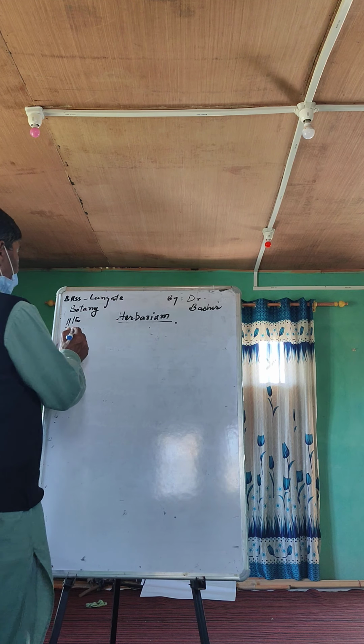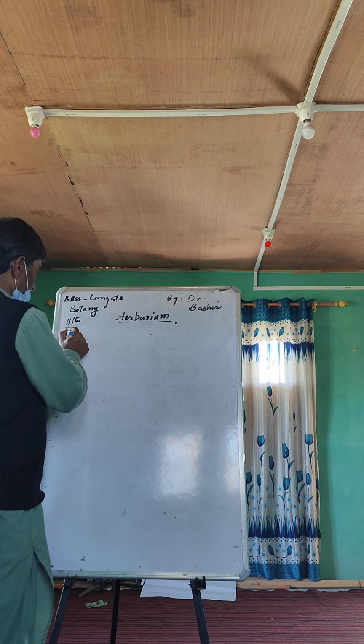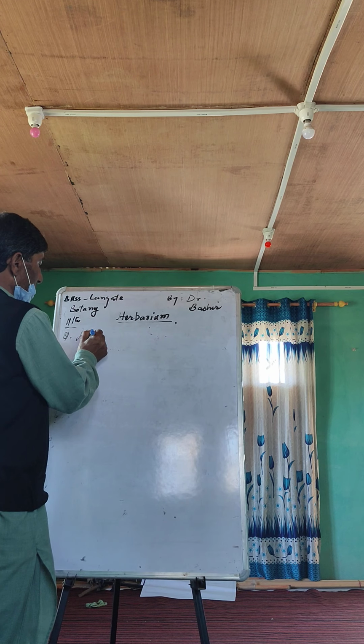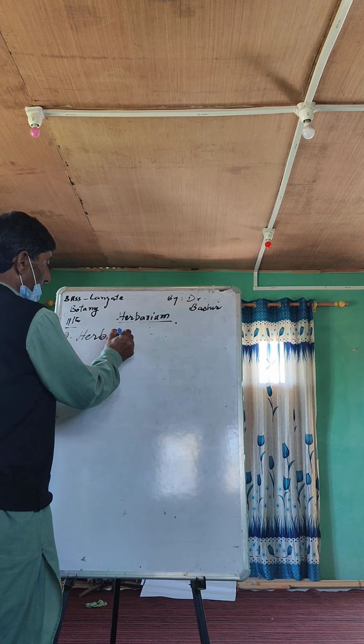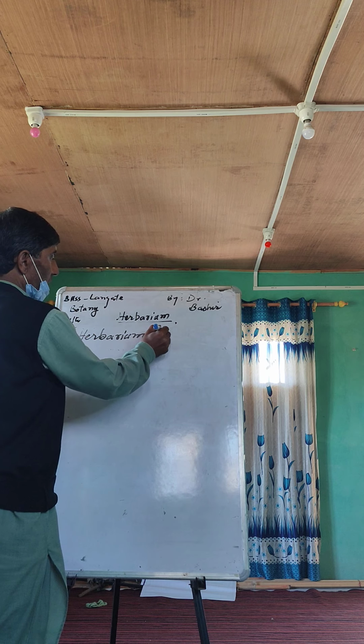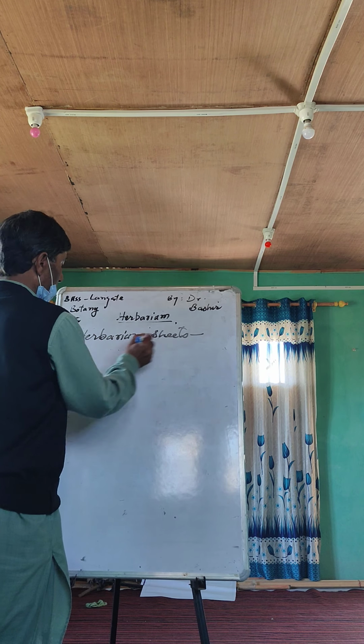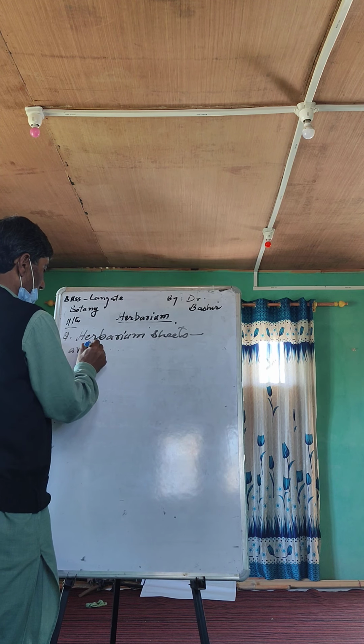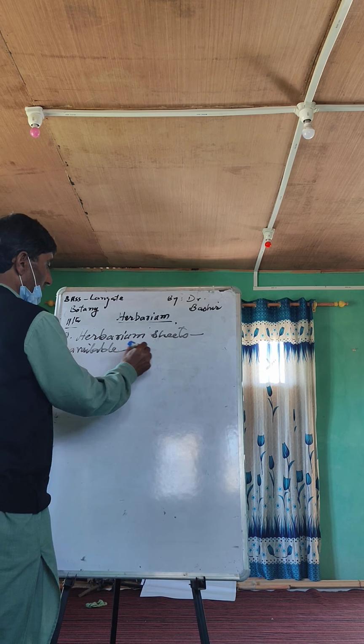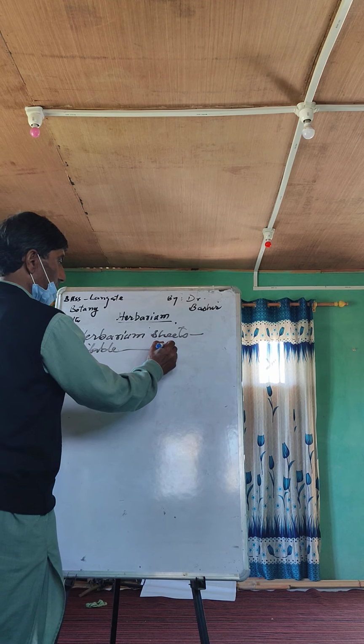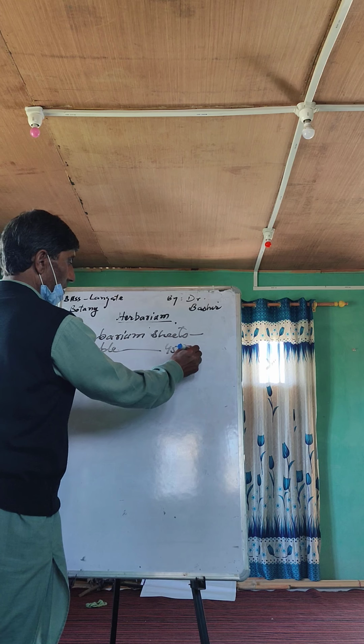now from the pressers, we need herbarium sheets. Herbarium sheets are easily available in the market and are of the size 45 into 30.